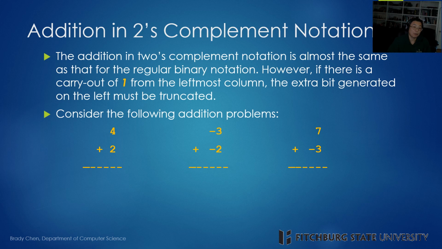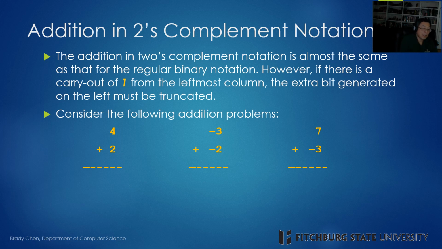Okay, let's take a look at this example. Here are some addition problems. The first problem is 4 plus 2. The second problem is -3 plus -2. The third problem is 7 plus -3.